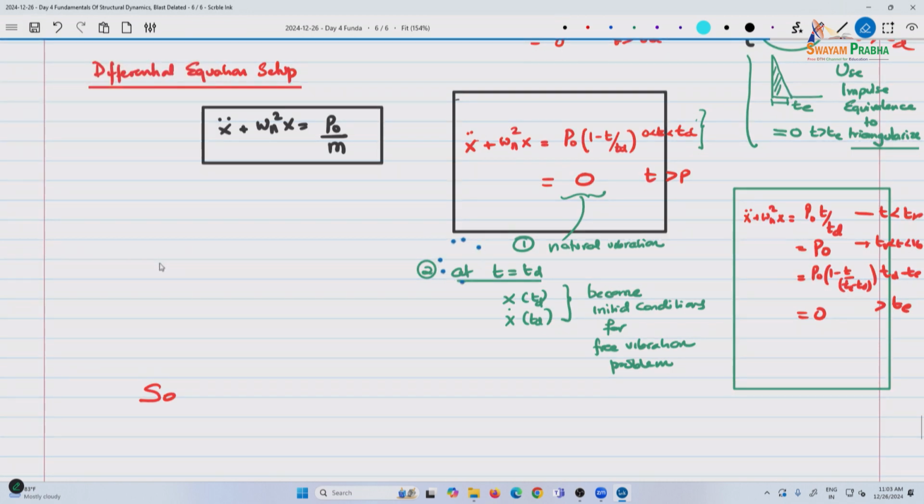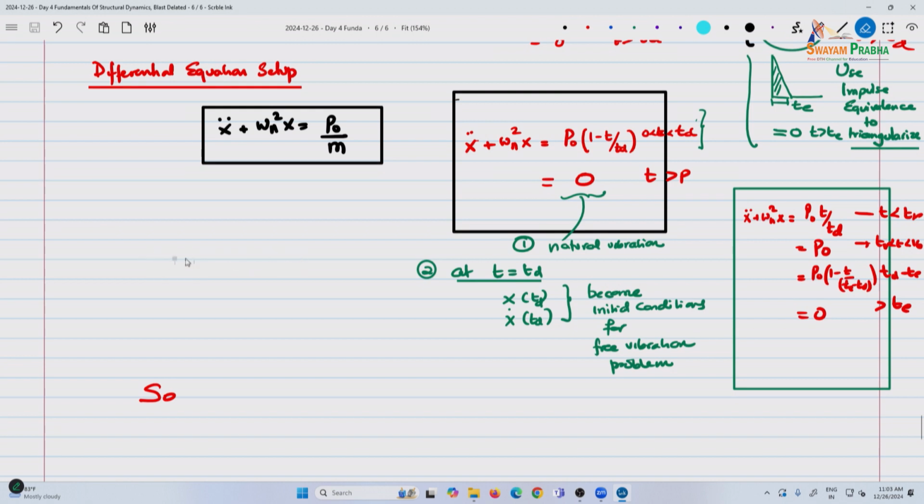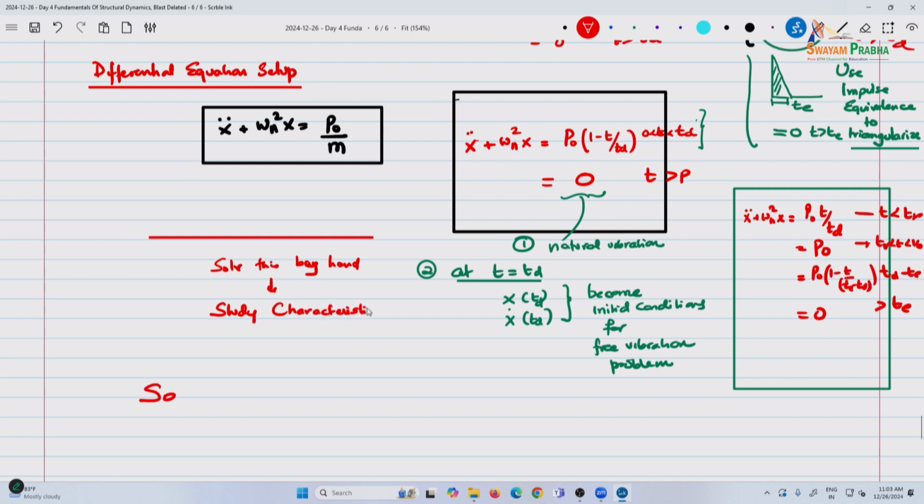So what we will do is, we will solve this by hand in the next session and study the characteristics. What's coming up is understanding the science and also the physical behavior of the solution.